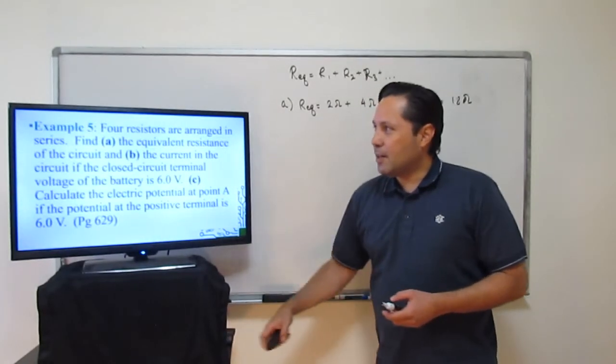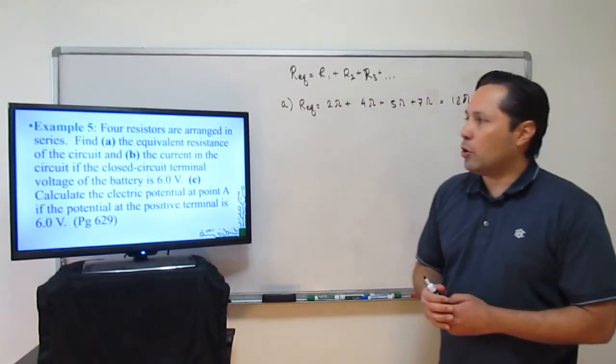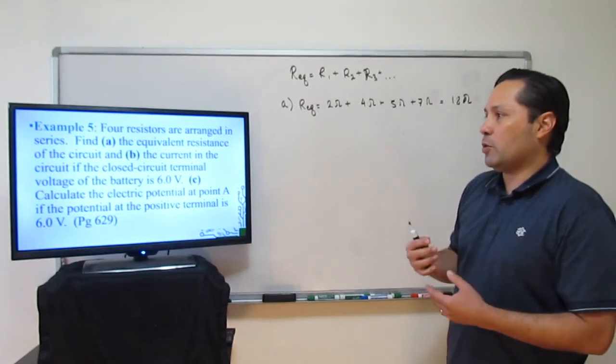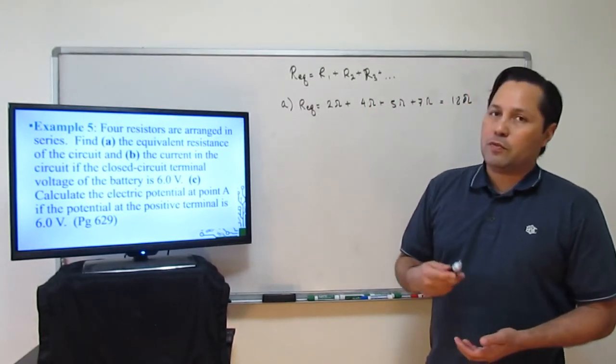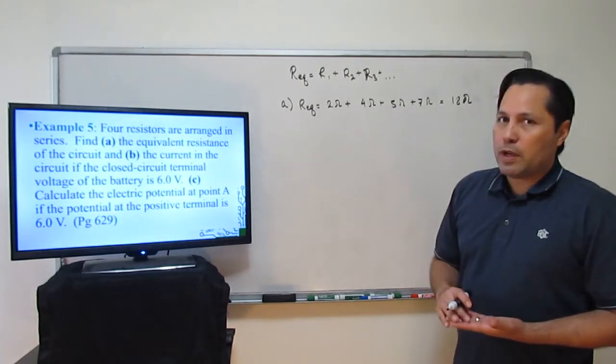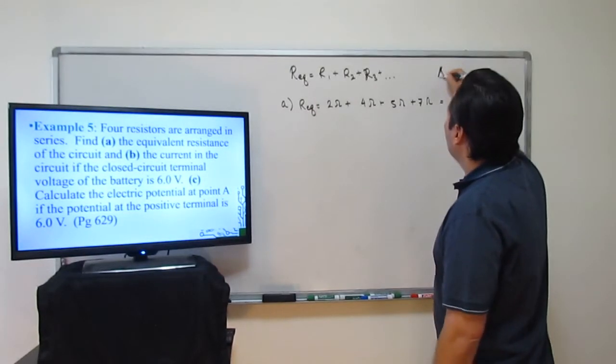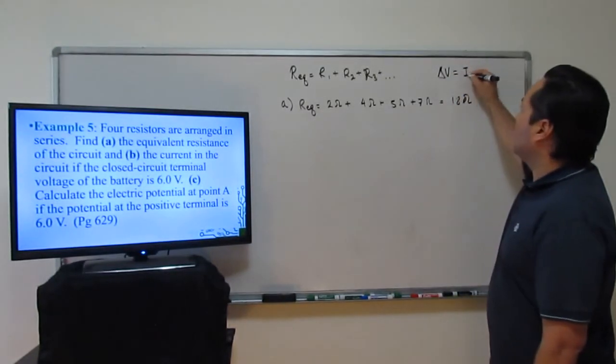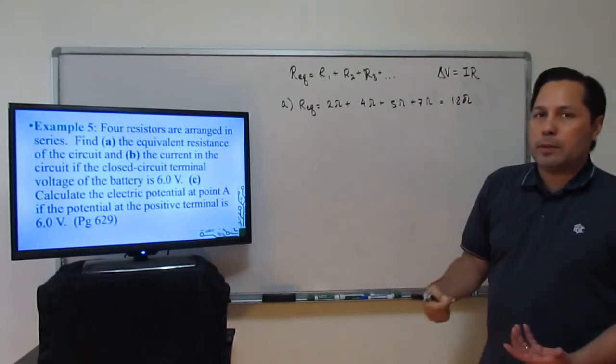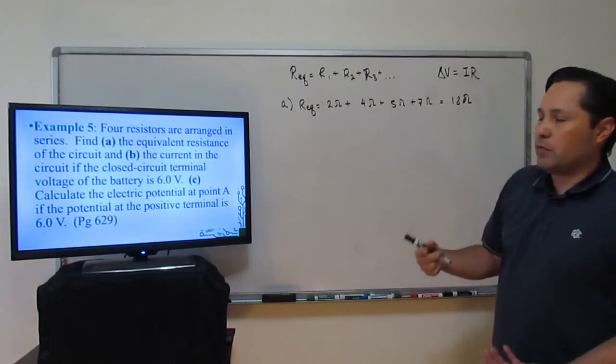In part B, it says find the current in the circuit if the closed circuit terminal has a voltage of 6 volts. Now what we got to do is find the current. We know that potential difference is equal to current multiplied times the resistance, and we have the equivalent resistance and the voltage of 6 volts.